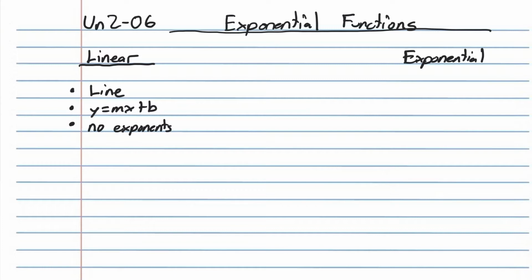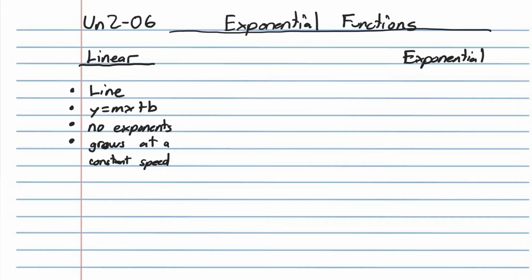That's one of the key characteristics of what a linear function is. There's no exponents involved, okay? And also by definition, because it's making a straight line, it means that it grows at a constant speed. It never changes. It always goes by the same amount, okay?